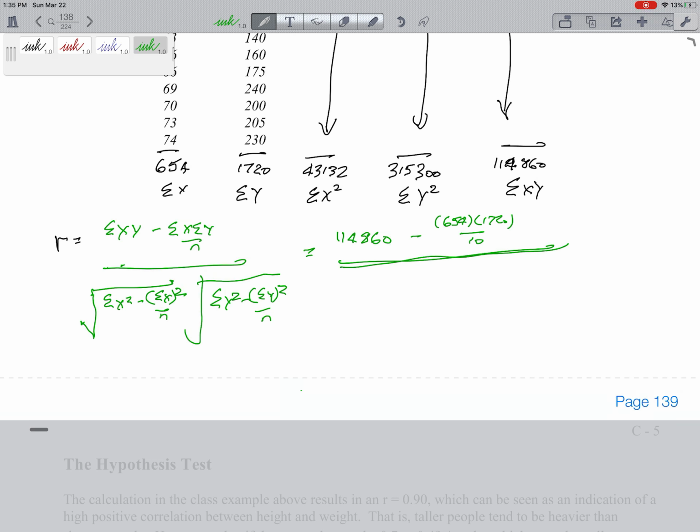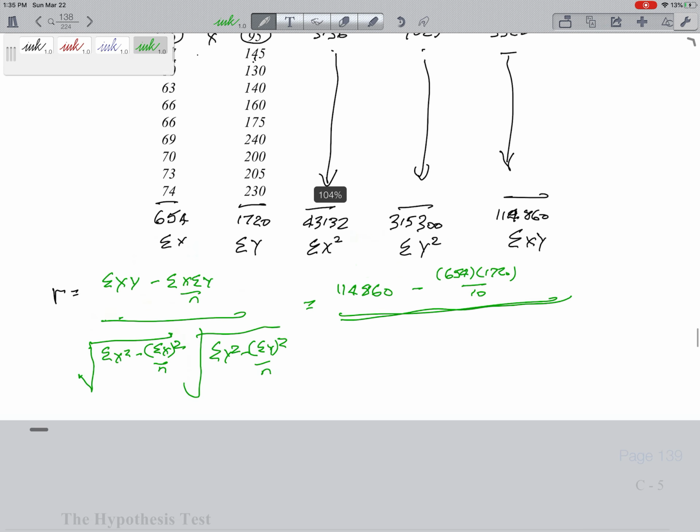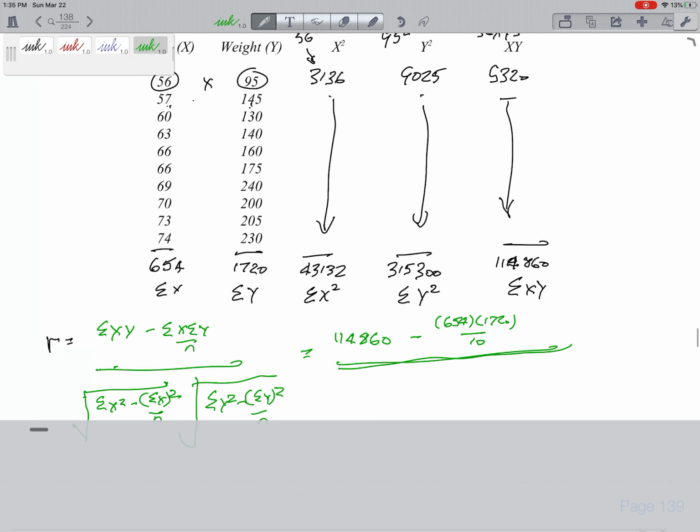So you don't divide the 114,860 by 10. And the other really important thing here, and this is a common mistake that people make, is that there's actually 20 numbers here, but there's 10 respondents, so 10 pairings. So 10 is the number of x's, and of course you'll have a corresponding 10 y's. So it's the number of respondents, or the number of pairs.